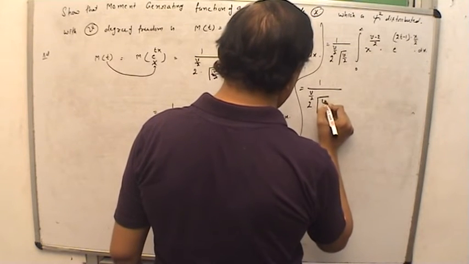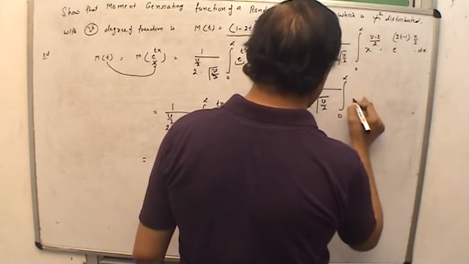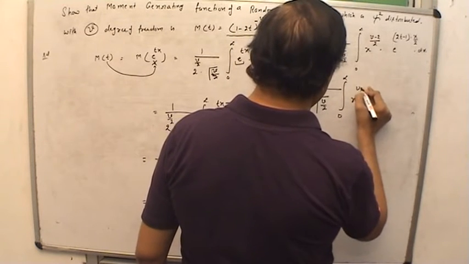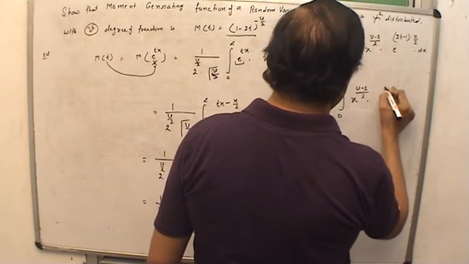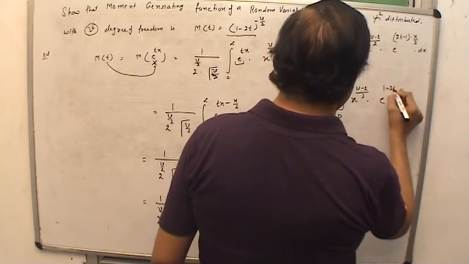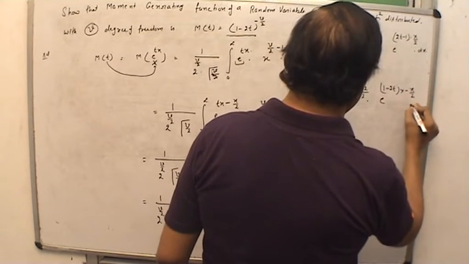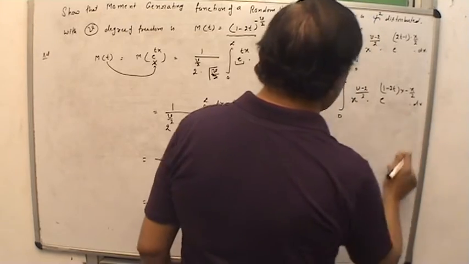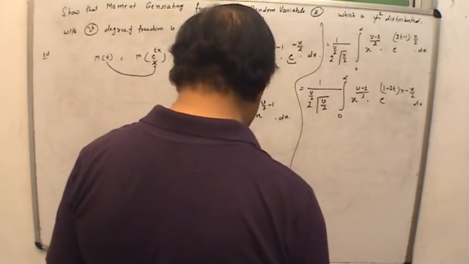It is the gamma function of v by 2 integration from 0 to infinity x raised to the power v minus 2 divided by 2 into e raised to the power 1 minus 2t into minus x by 2 into dx. We have taken a minus common from this.